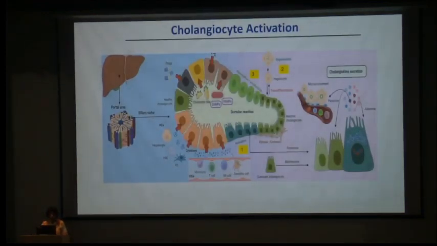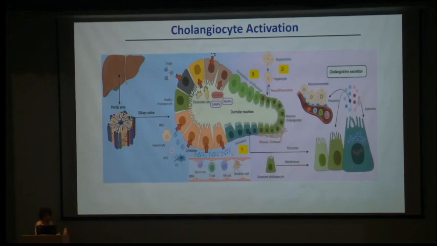Cholangiocytes, as you know, are a crucial component in the hepatic portal areas for liver homeostasis. Whenever there is any insult, exogenous or endogenous, or drug abuse, the cholangiocytes are activated.